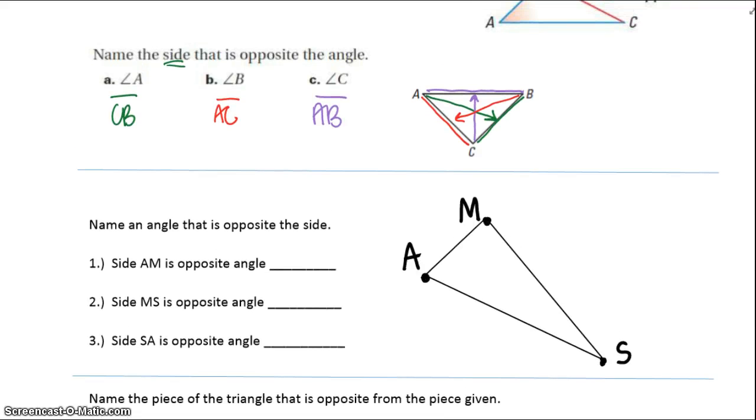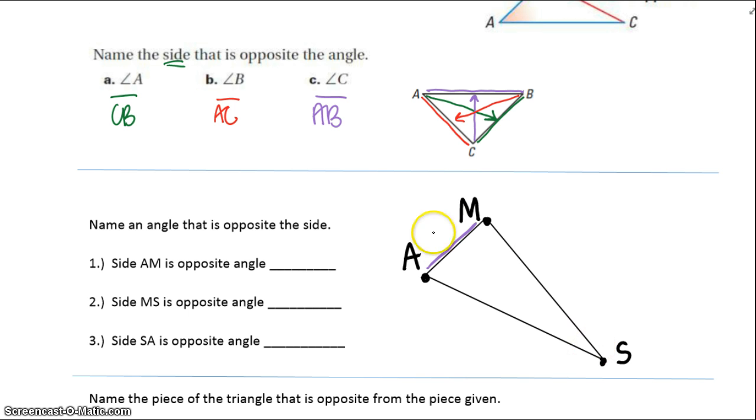So let's go down here. Name an angle that is opposite the side. Now this is tougher for students because they don't actually look at the entire side and then shoot straight across. And sometimes angles are not exactly across from the side, but I've got a way of sorting this out. So we have side AM right here, correct? I always tell students, if you can't see the angle that is straight opposite from a side, do this.